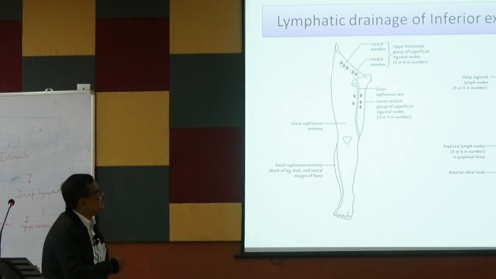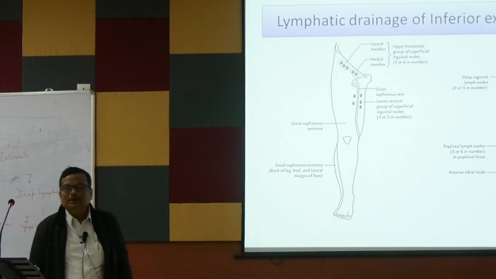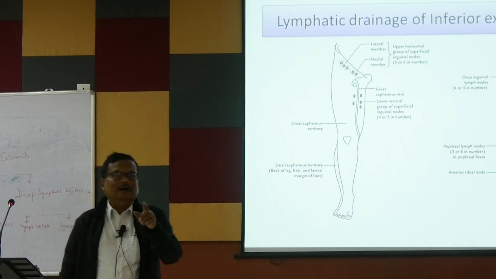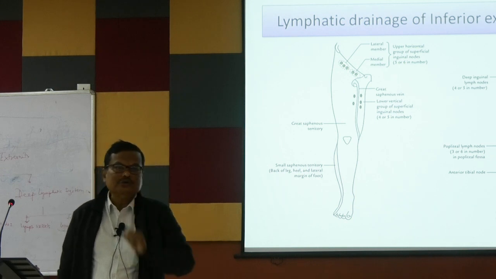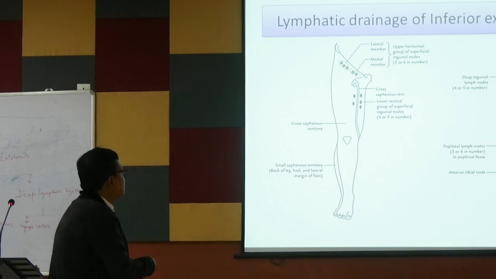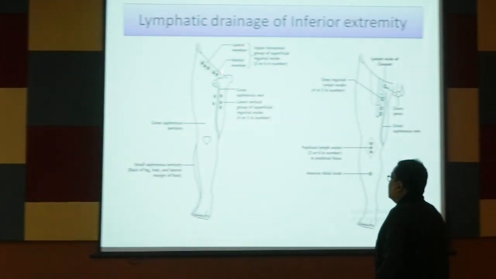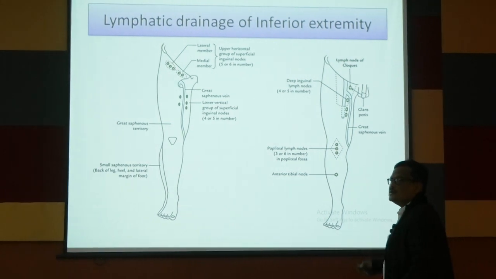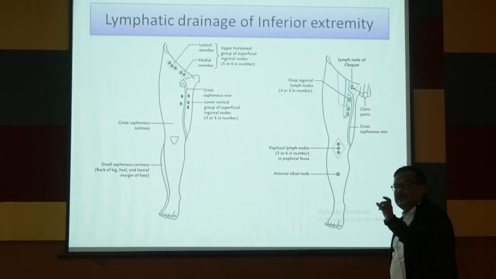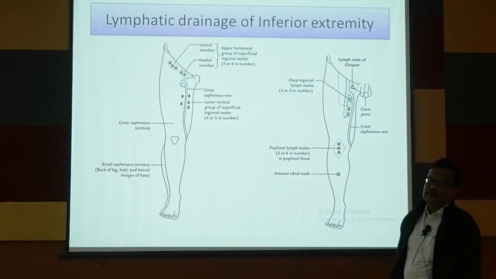Some present laterally, we call lateral member of the upper horizontal group, and some present medially. These are called the medial member of the upper horizontal group.